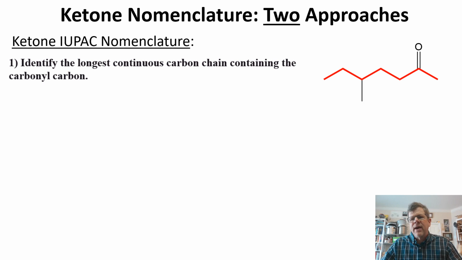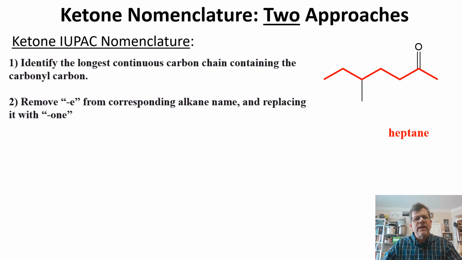7 carbons, if that were a 7-carbon alkane, it would be heptane. But it's not. We recognize that as a ketone. So thus, we're going to remove the E from the corresponding alkane name and replace it with the suffix O-N-E. Heptane becomes heptanone. That suffix, those ending letters really give us an indication of what functional group we're dealing with.